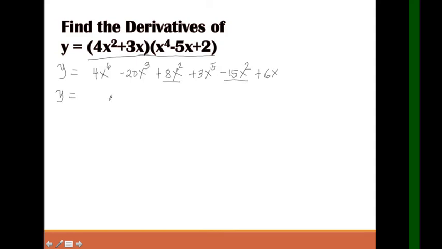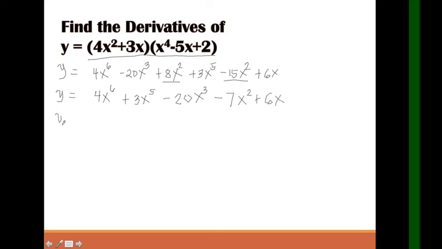So, we have 4x raised to 6 and then plus 3x raised to 5. And then we have negative 20x cubed, tama? And then 8 minus 15 is negative 7x squared plus 6x.